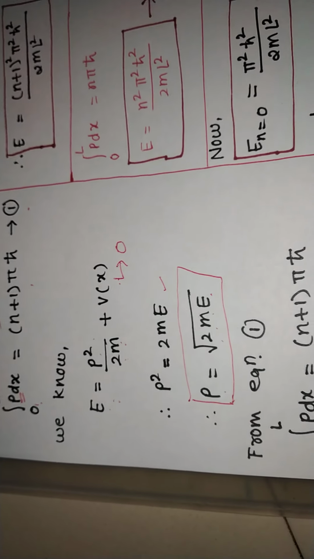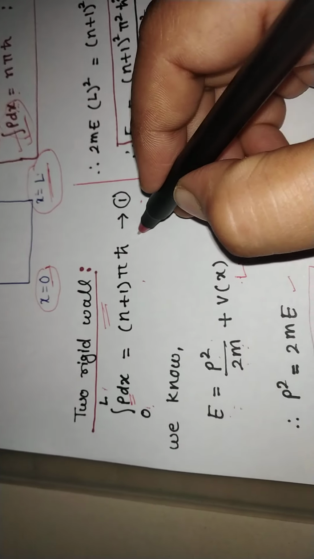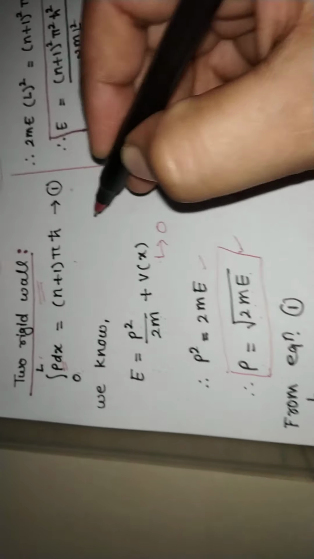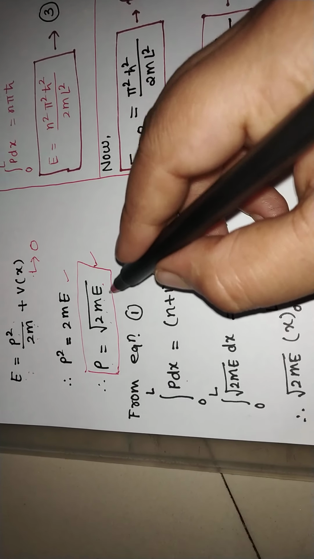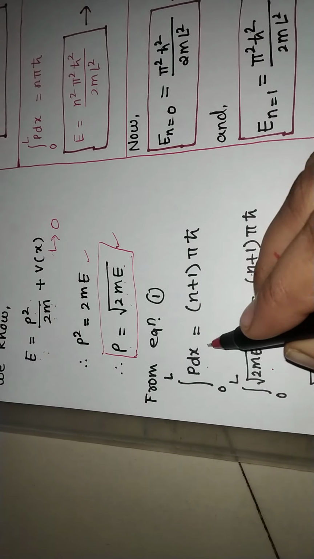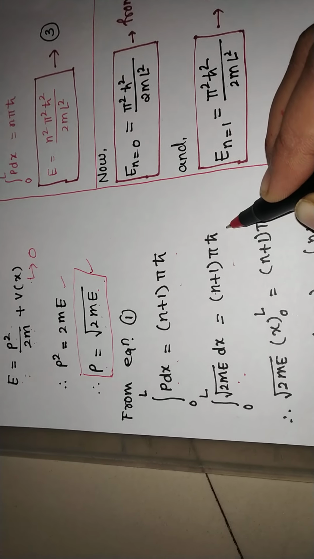Now we simply substitute this p value in the first equation, that is, in the formula. Here I have substituted p, root over 2mE, in this formula, and the right hand side will be as it is.